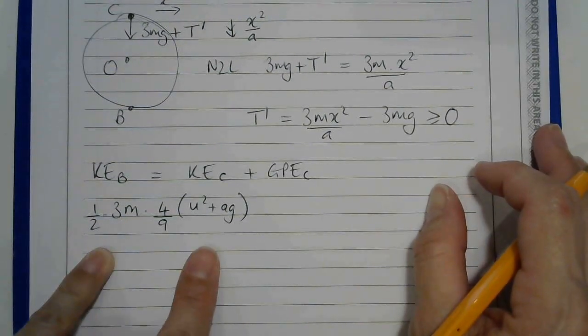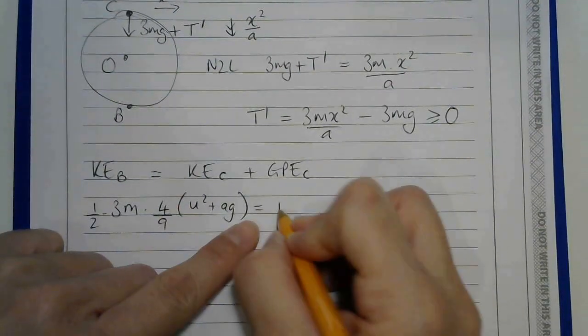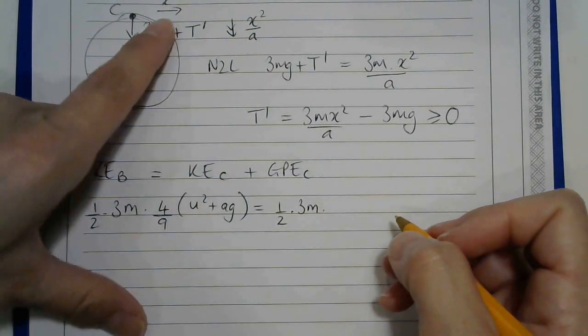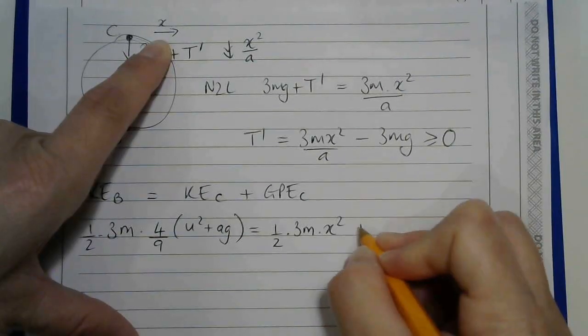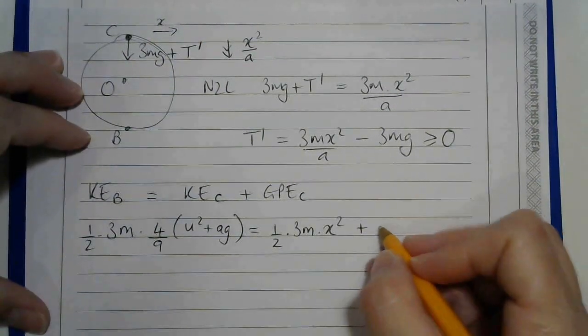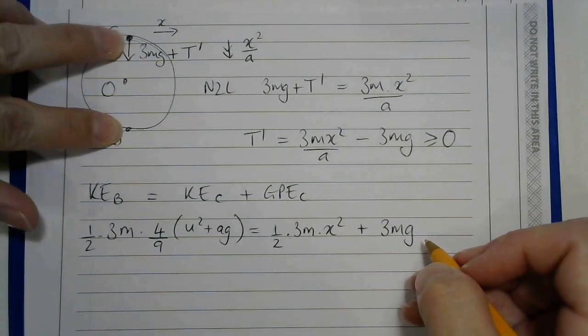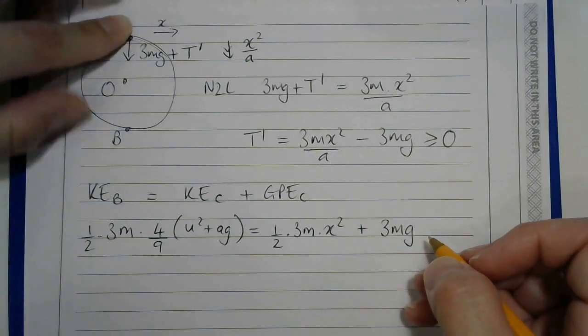So all of that is the kinetic energy at B, which will equal the kinetic energy at C, so 1/2 times the mass, which is still 3m, times what I called x here, so x squared, plus the gravitational potential energy, which will be the mass, 3m, times g, times the difference in height from B to what I've called C, which is directly above that.